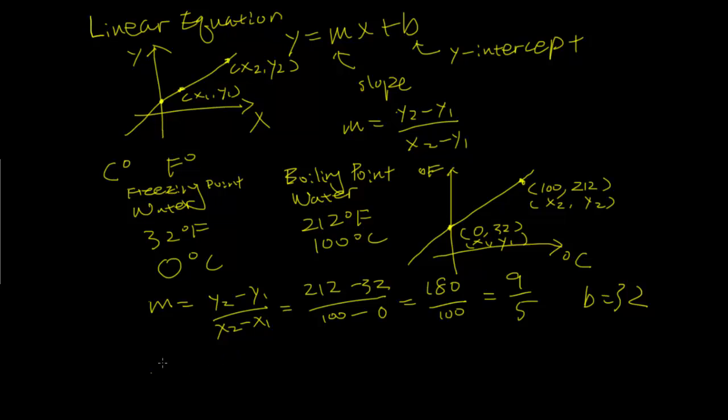So since the general equation for a linear equation is y equals mx plus b, we could say that Fahrenheit is equal to m, which is 9/5, times x, in this case C, plus the y-intercept 32.